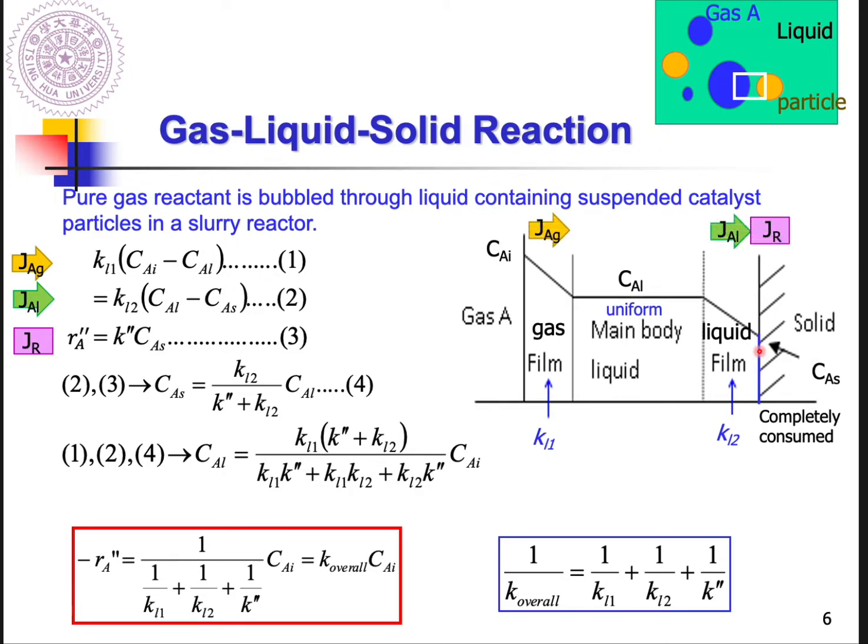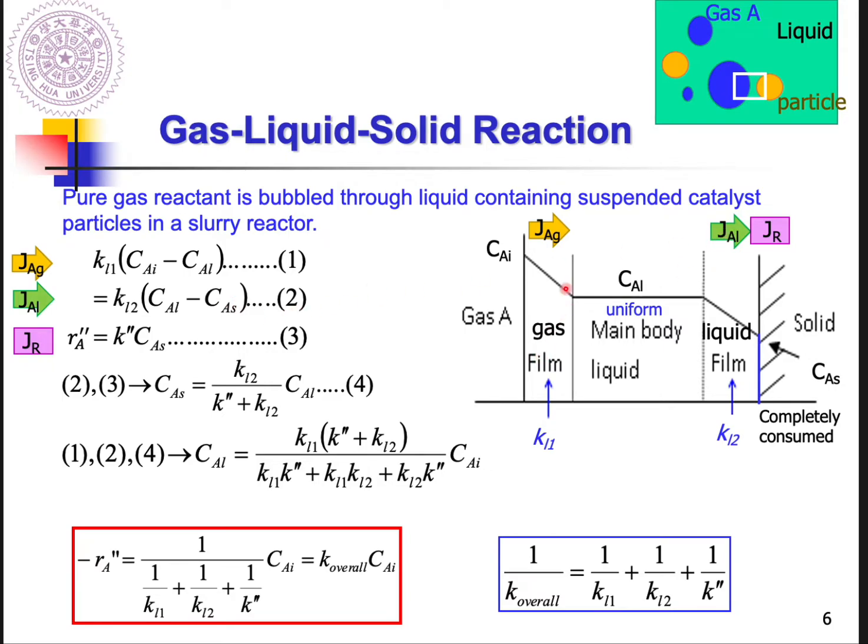Okay, so we try to write down the flux, because as long as we reach steady state, the flux equals a constant. So we write down the flux of reactant A passing through the gas phase: the transport coefficient KL1 times CAI minus CAL. This is what we learned from the previous slide.